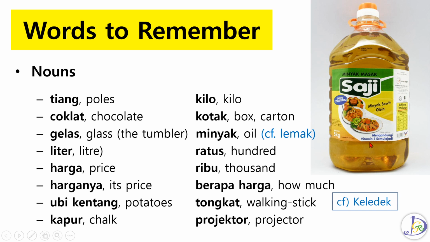Mengandungi vitamin E semula jadi. Mengandungi, base word is kandung, means contain. Contain vitamin E. Semula jadi, natural. Contains natural vitamin E. Tanpa kolesterol, without cholesterol.